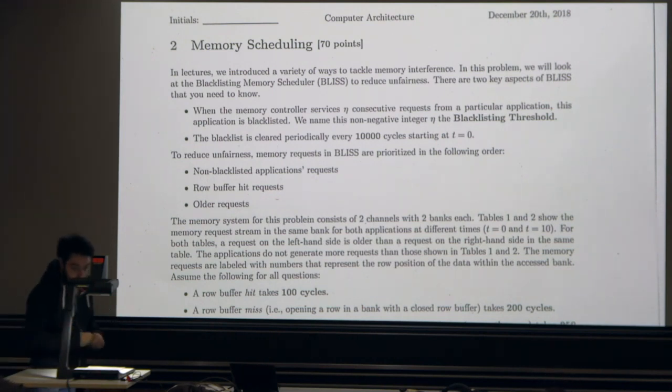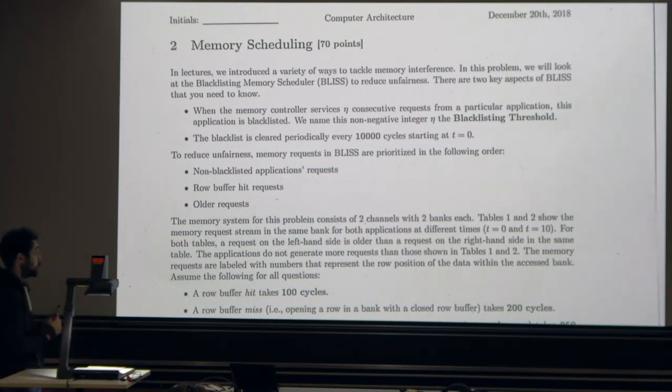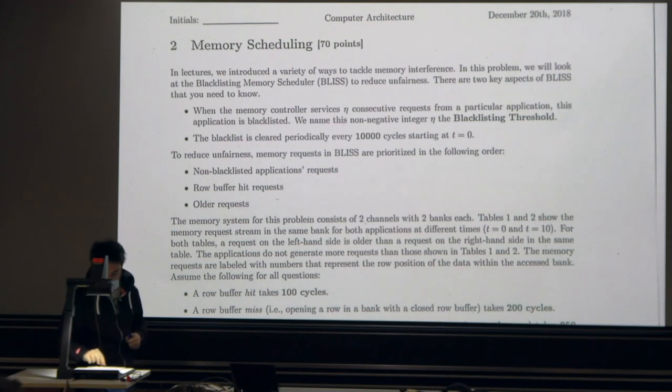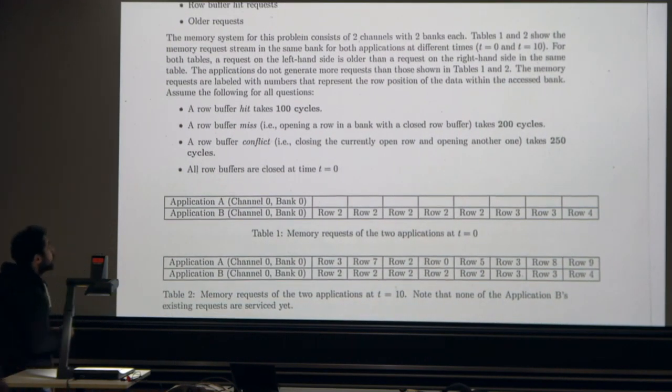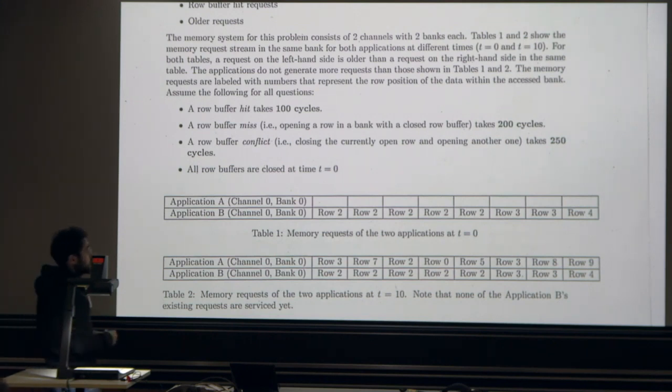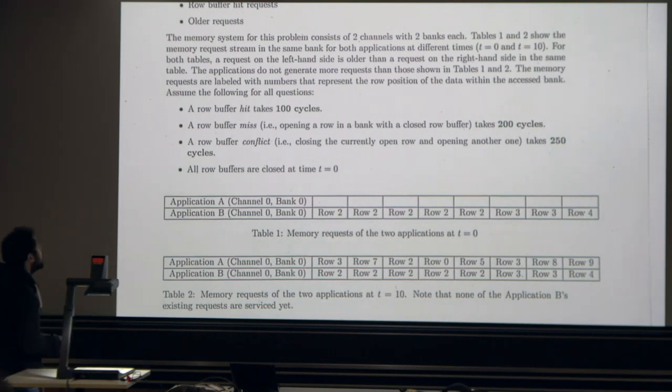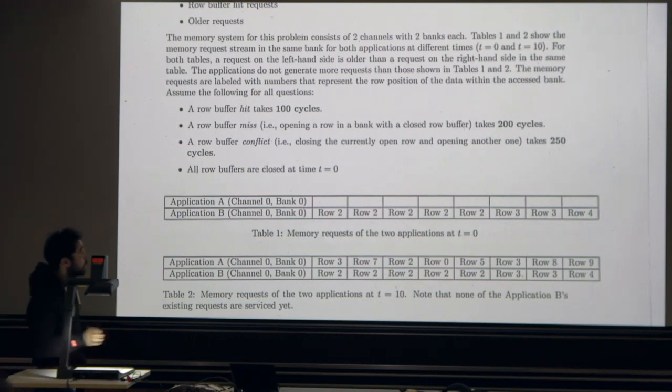So in this problem, we have a memory system that has 2 channels with 2 banks each, and tables 1 and 2 show the memory request streams for two different applications at times t equals 0 and t equals 10, and for both tables, as we go to the right, the requests are younger.